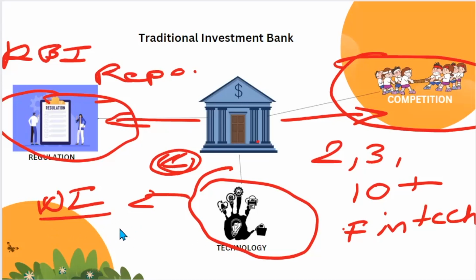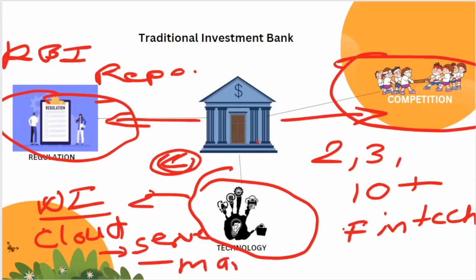Apart from that, they don't use advanced systems. I'm not talking about artificial intelligence, but they are not using cloud computing. They are storing their data on their own servers. They are still doing all the manual work, right? So our financial systems, or banks, should have the latest technology. So these are the three problems which every bank is facing right now.